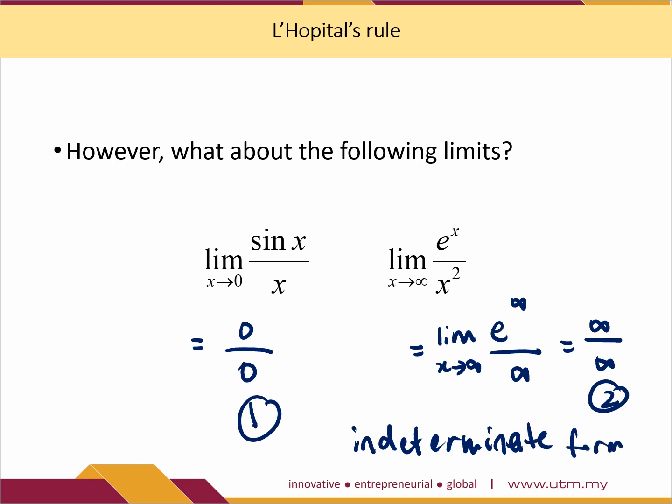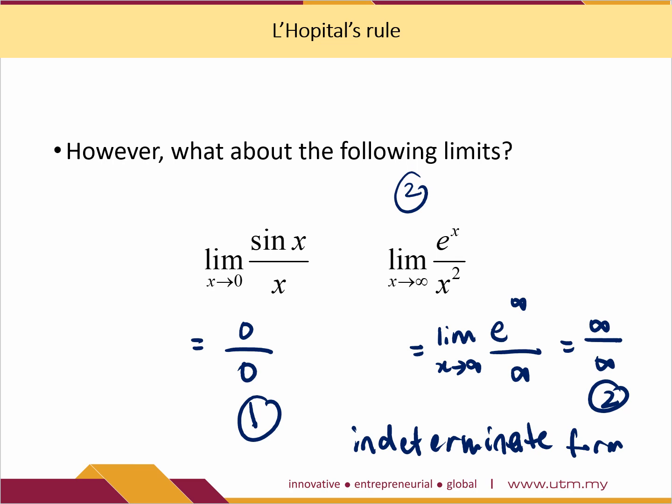For the second case here, if we divide by the highest power of x in the denominator, we still get the original equation. Same goes for this one, and also we cannot simplify the equation.